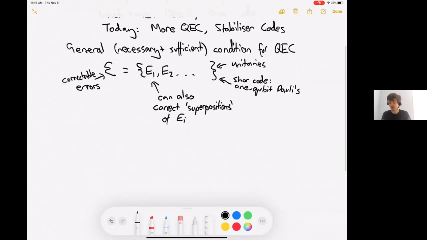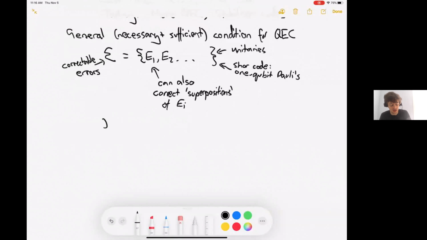Okay. And then we also need to define a code subspace. This is the subspace of states that logical qubit states get encoded as within the larger space of physical states. So this is the subspace of logical states.